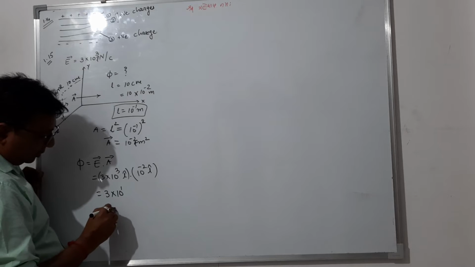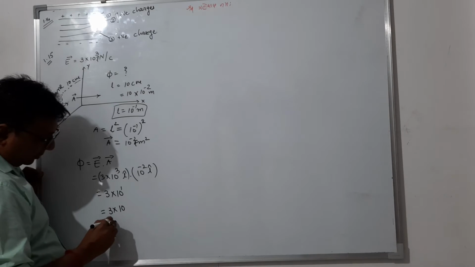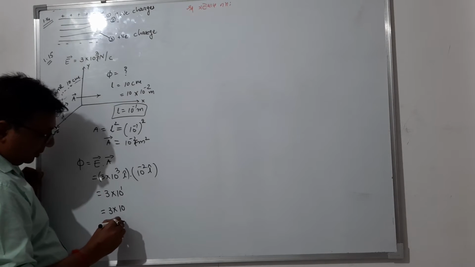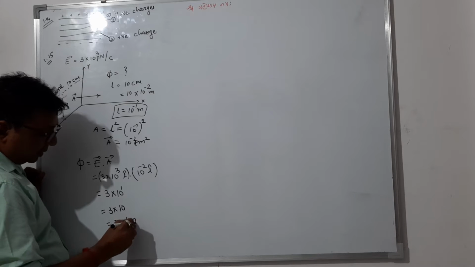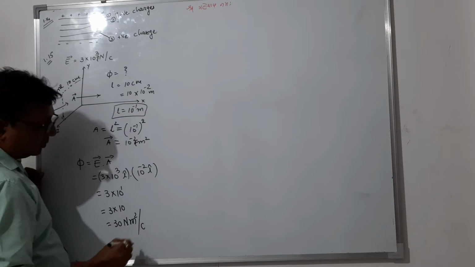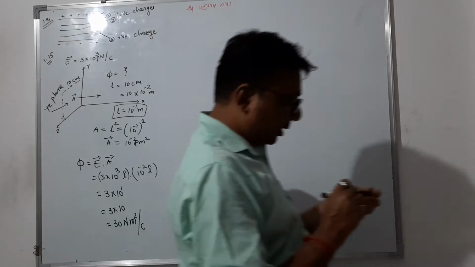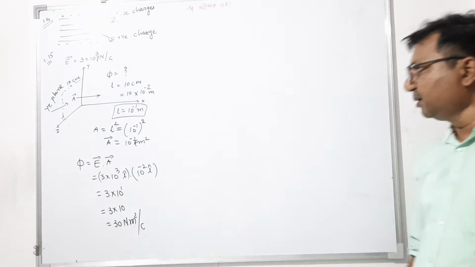So 3 into 10, that means 30 Newton meter square per coulomb. This is your answer. Okay?